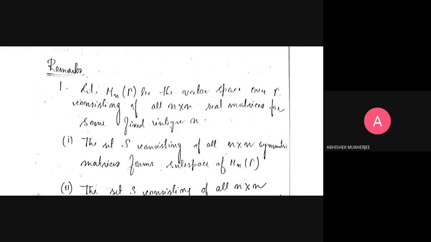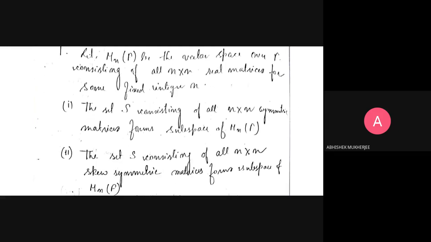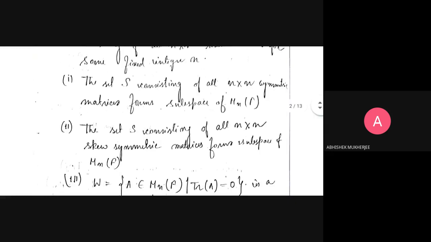Now I will come to the question. Number 1, the set consisting of all n cross n symmetric matrices forms a subspace of M_n(F). Number 2, the set consisting of all n cross n skew symmetric matrices forms a subspace of M_n(F).